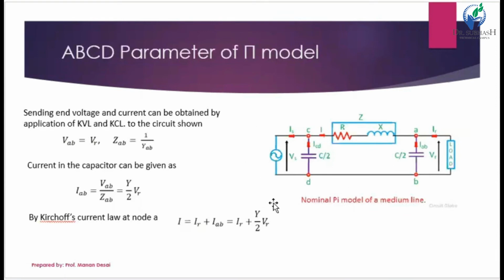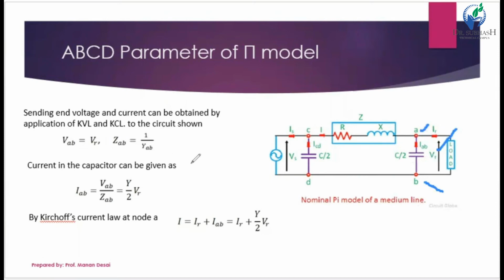So in this circuit, the voltage between A and B is VR, and ZAB is equal to 1 upon YAB. Impedance is equal to 1 upon admittance.